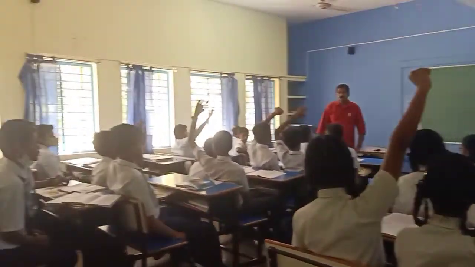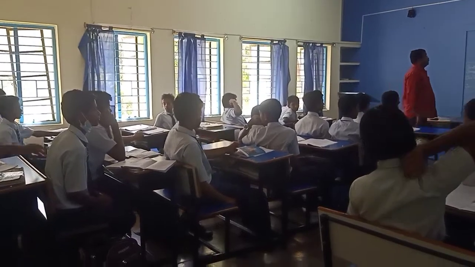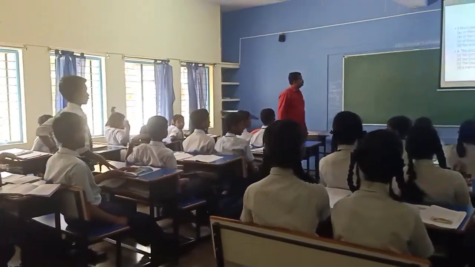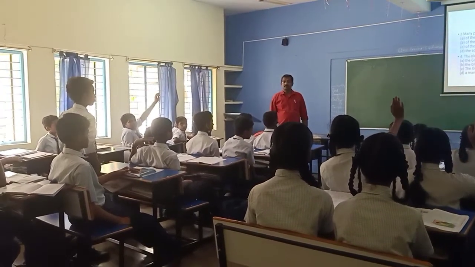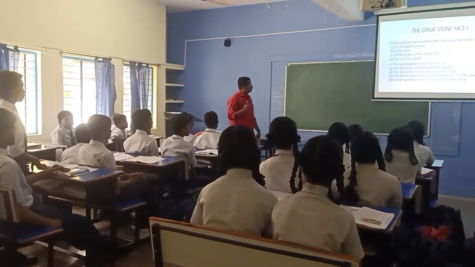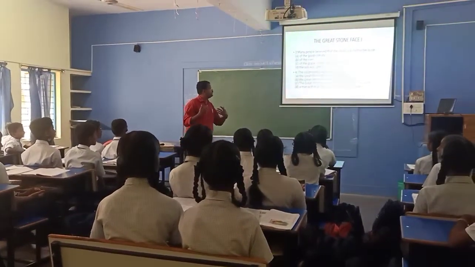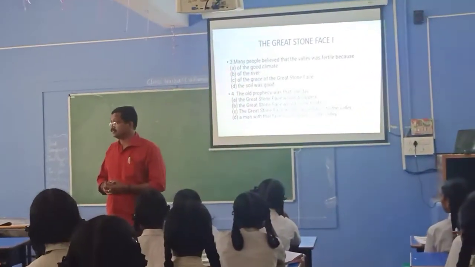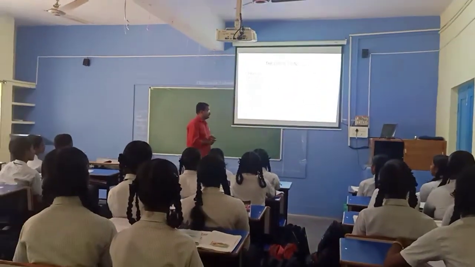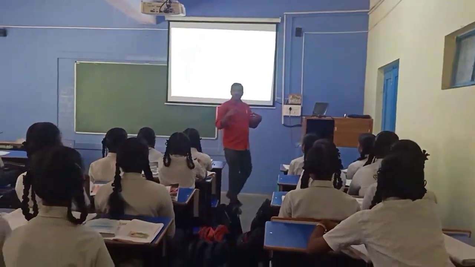Gautam? A man with that face would appear in the valley. That's a correct answer. Very good. Sit down. I think you have understood the lesson. Yes, sir. Now we will just read it aloud.